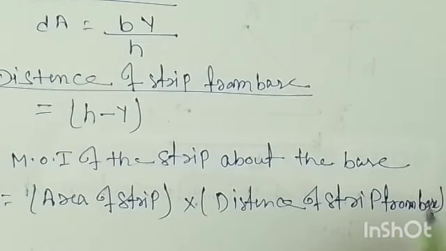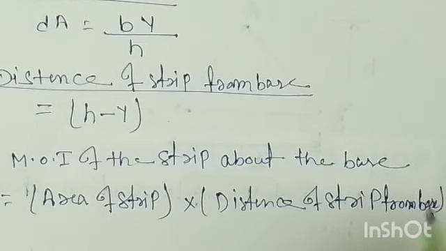So very fast, this equation becomes b by h, integration from 0 to h, y into h square plus y square minus 2hy, into dy. Further, b by h, integration from 0 to h, of y into h square plus y cube minus 2hy square, dy. All right, we have just opened the bracket.